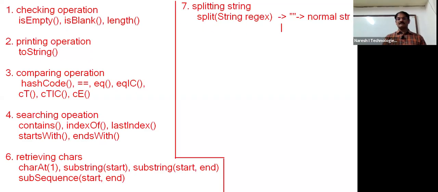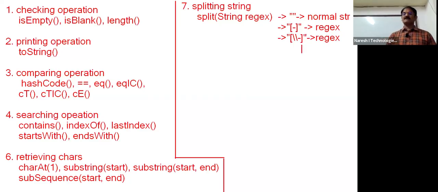If we write double quotes, square bracket, some characters, double quotes, then what is this? Regex. If any given character in the bracket has special meaning inside the regex, then what do you write? Slash that character. Regular expression special characters are suppressed as normal characters. If you want to use a regular expression special character as a normal character, I have to use this.